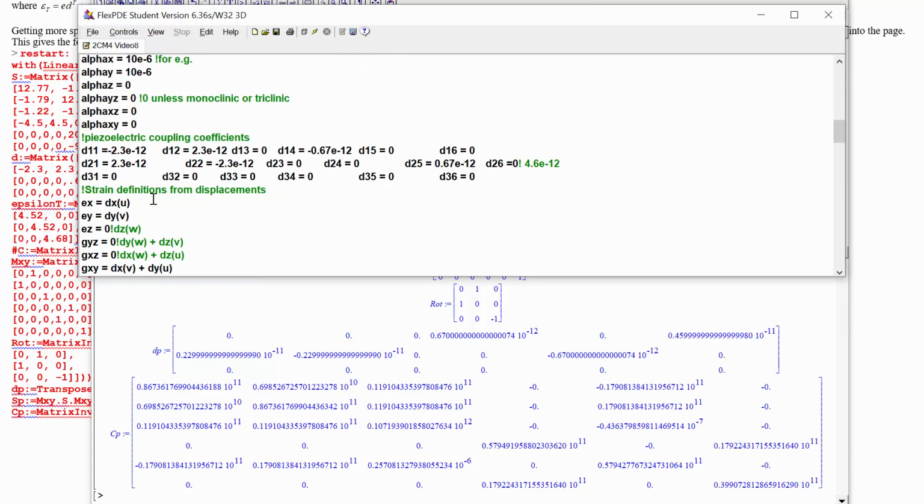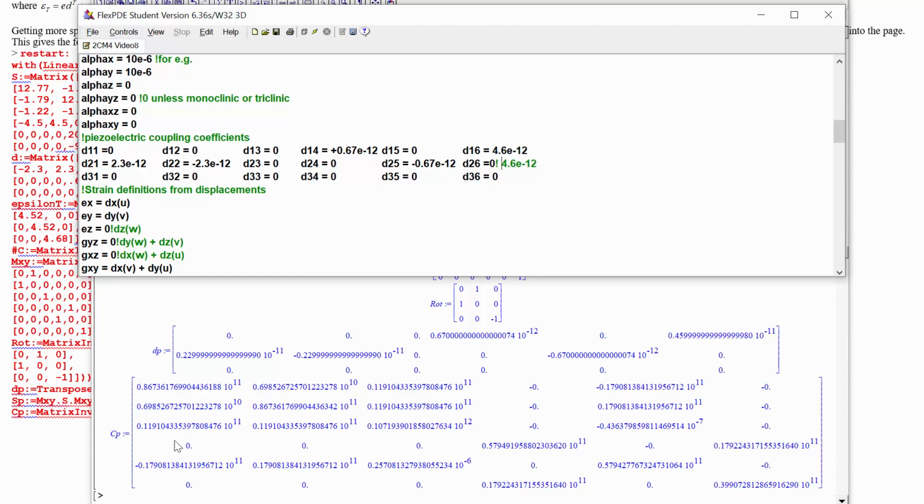The D matrix should have a 2.3 in the Y component, zeros up here, and a negative 2.3 in the 2,2 component. Next up, the 1,4 component should be positive 0.67 now. The 2,5 component, negative 0.67. And the 1,6 component is where this 4.6 E negative 12 goes.